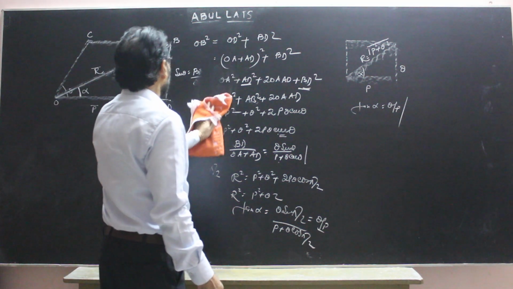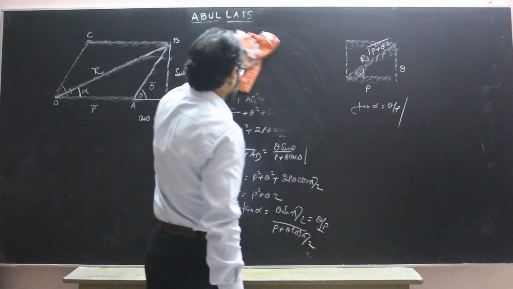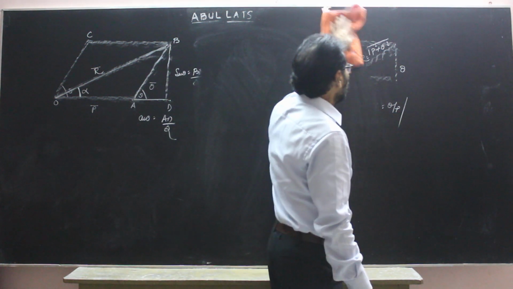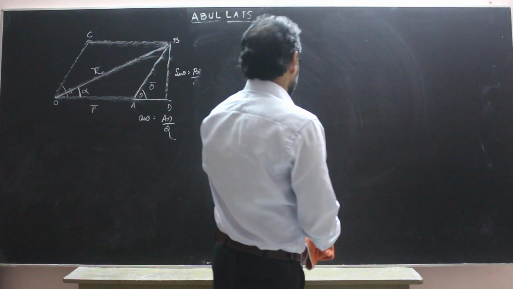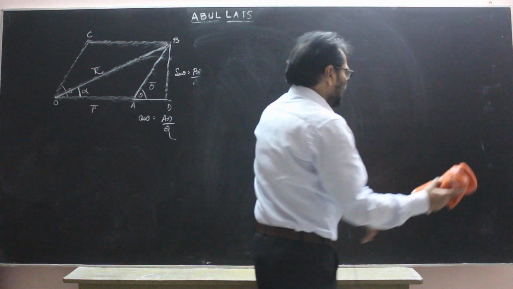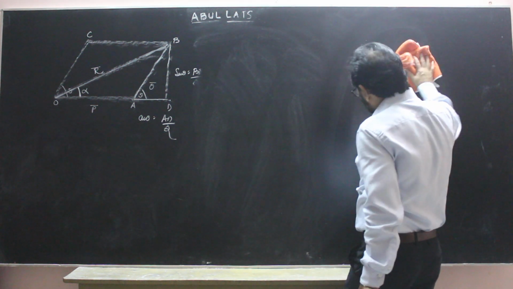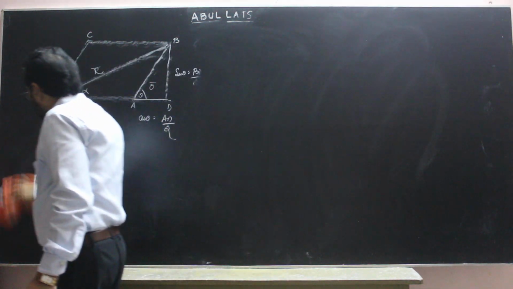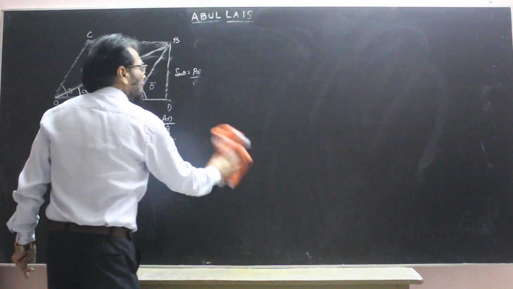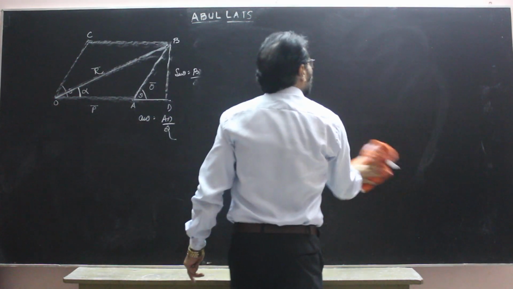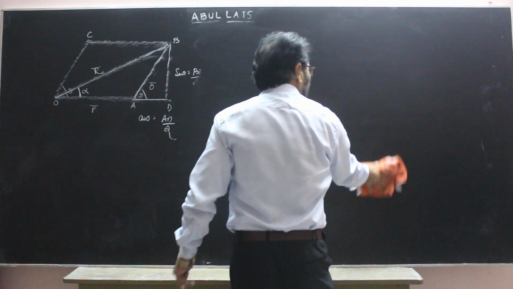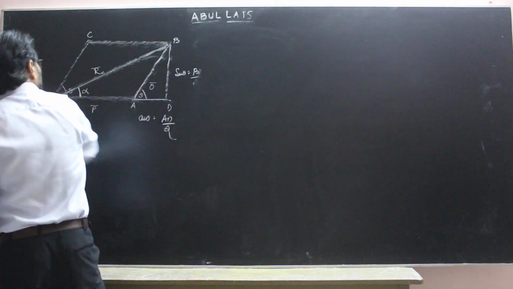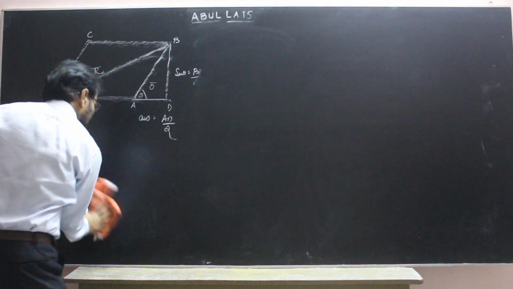So according to the parallelogram law, if two vectors P and Q are represented by two adjacent sides of a parallelogram, then the resultant of the vectors is represented by the diagonal of the parallelogram. The magnitude of the resultant is the length of the diagonal, and the direction is represented by the angle alpha which the diagonal makes with P.